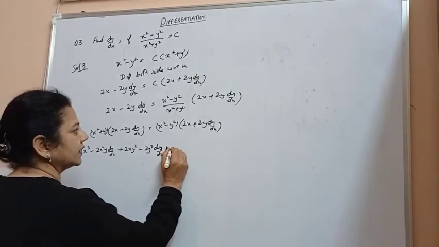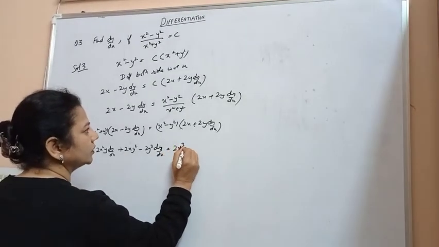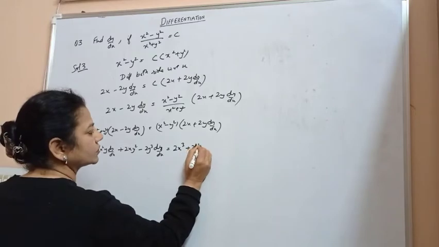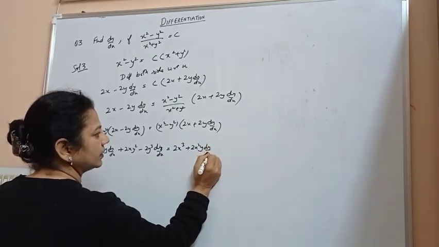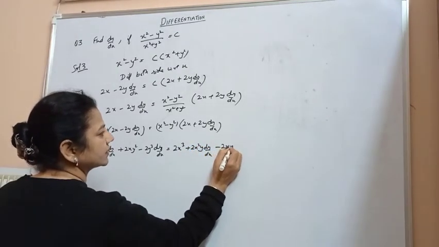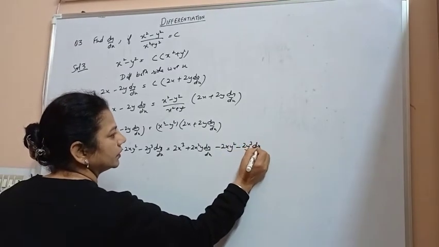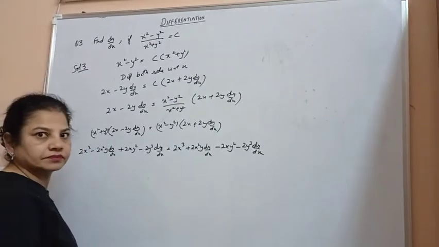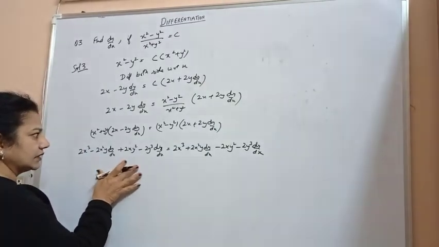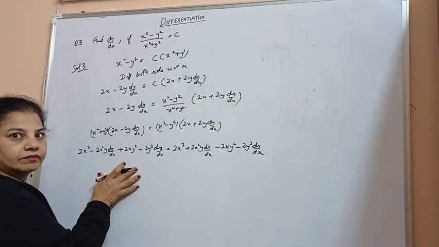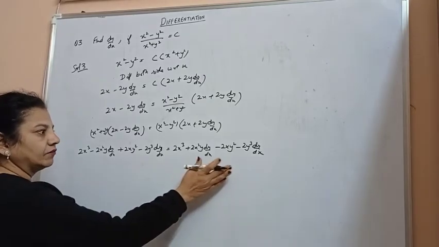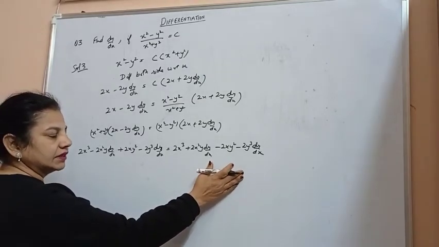On the right hand side, I get 2x cube plus 2x square y dy by dx minus 2xy square minus 2y cube dy by dx. From here, I will consider dy by dx common, and from the right hand side also I will take dy by dx common.